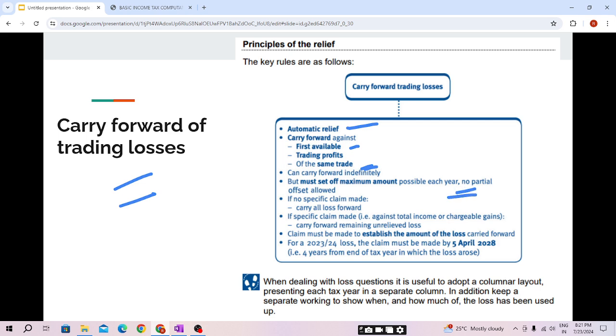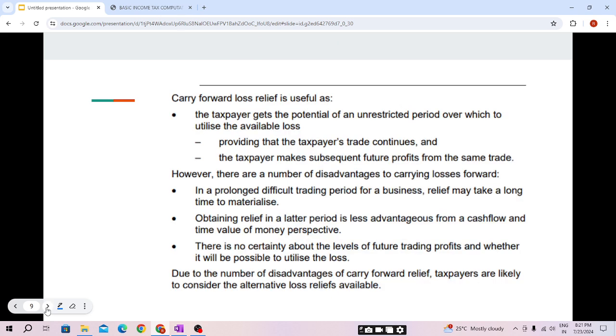The whole amount needs to be set off. No partial offsets can be done. I hope this is clear. And for a 23-24 loss, the claim must be made by 5th April 2028. I hope the carry forward trading loss is clear.